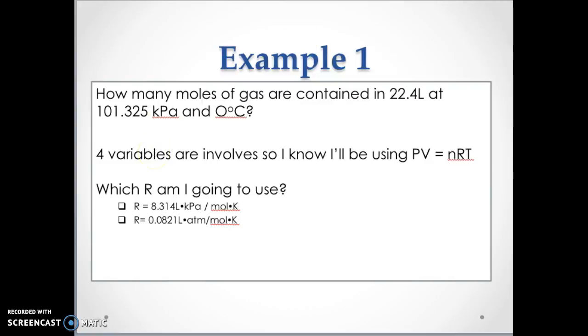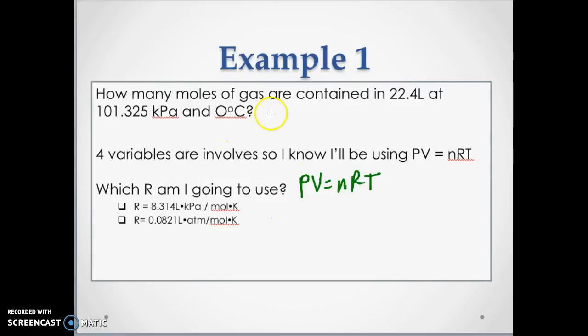That's the first thing we always do, right? I don't know where to start, but I'm going to write my formula. So my formula is PV equals nRT. Let me rewrite that. That's awful.